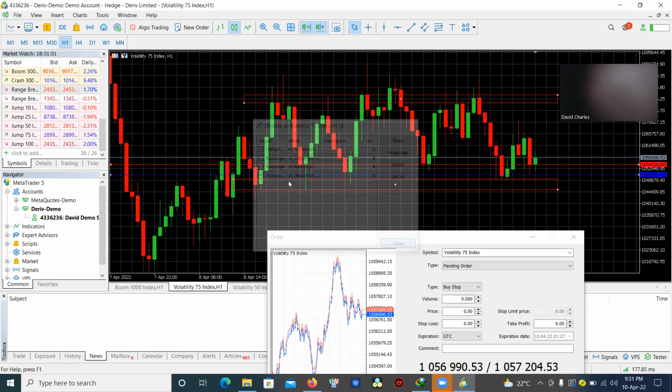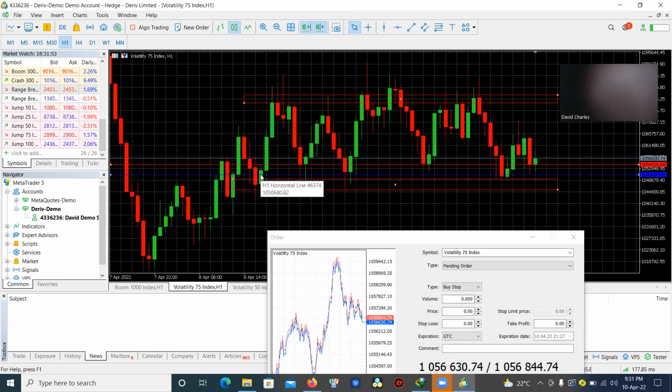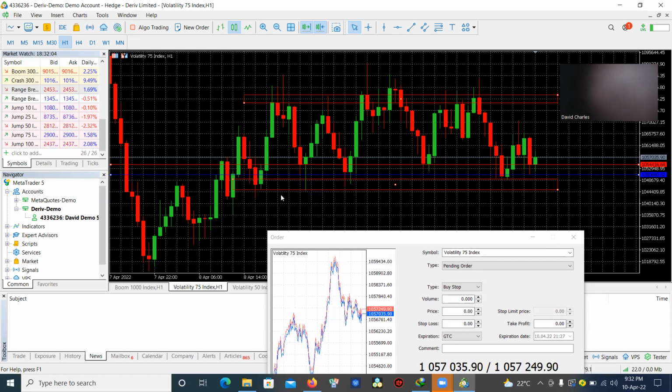Now here, once you enter here, you will see that the candle went up, closed, then continued. Now here, you will not see negatives. That is what is considered a buy stop.